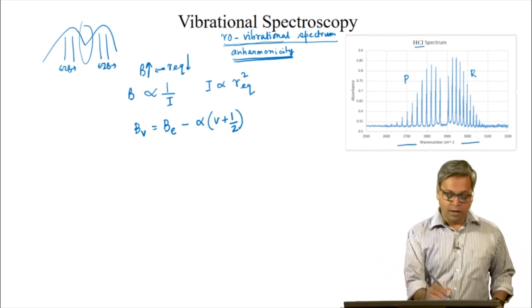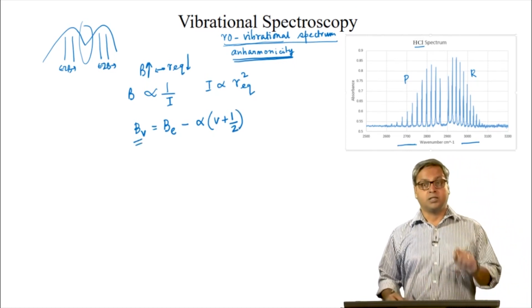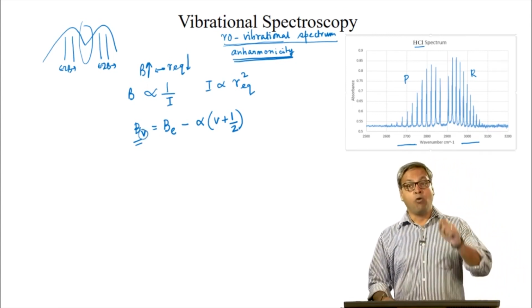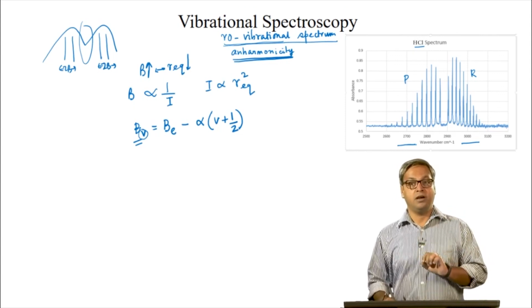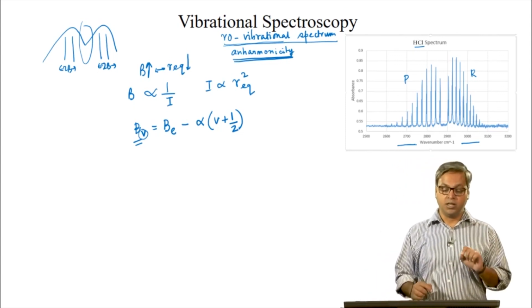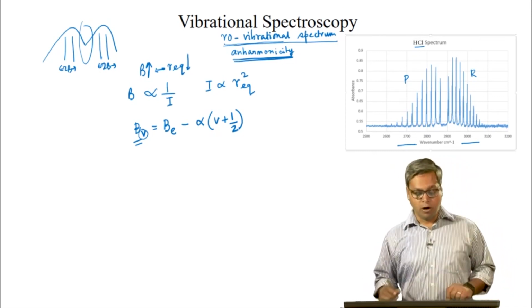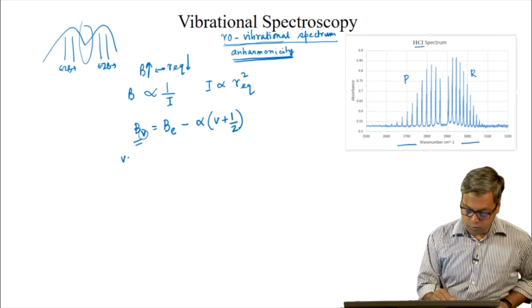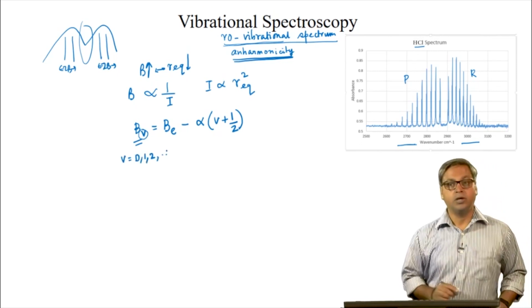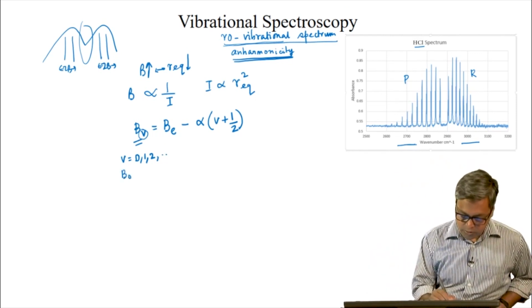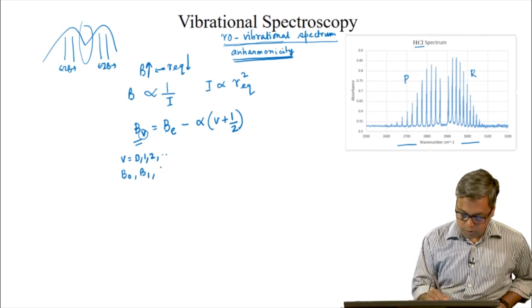On the left hand side, the subscript v denotes which vibrational level the rotational constant is associated with. So, v can have values of 0, 1, 2, etc. In other words, we can have B_0, B_1, B_2 and so on.